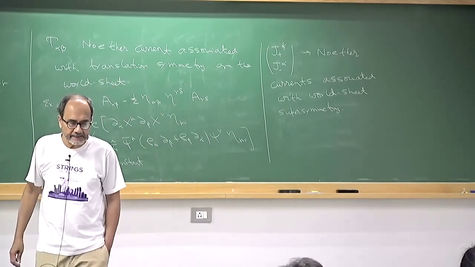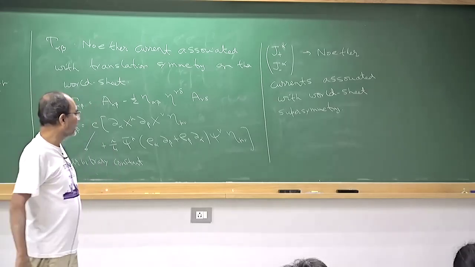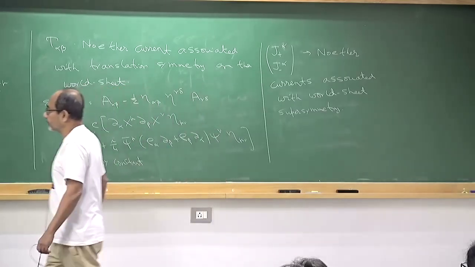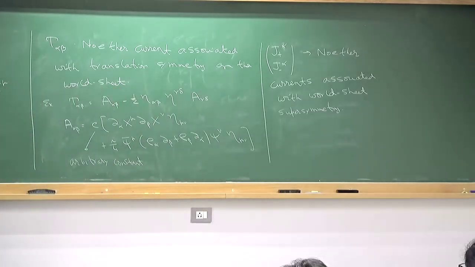Okay, that is the definition. Why are there two? Because there are two independent components of the spinors, epsilon plus and epsilon minus. Corresponding to that, we expect two independent Noether currents, which we will call J plus alpha and J minus alpha.